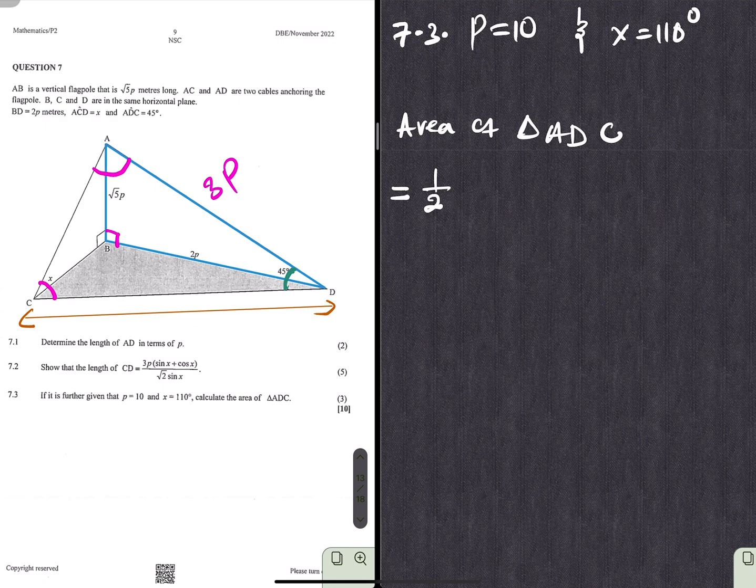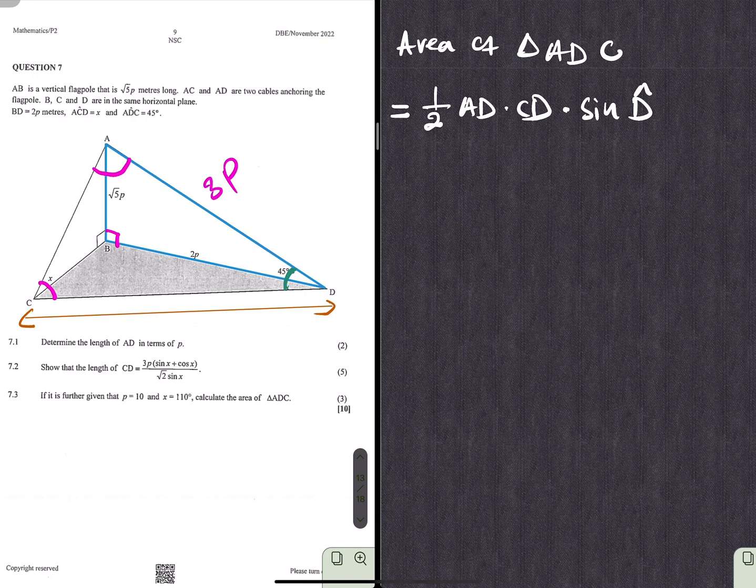In this case, the angle which I can use here is 45 degrees. And then their sides are, I think it's AD, which we found, and CD, which we have just found now. So this will mean that it's going to be AD multiplied by CD, which we have just found, multiplied by a sine of that angle. So that angle is primarily going to be angle D.